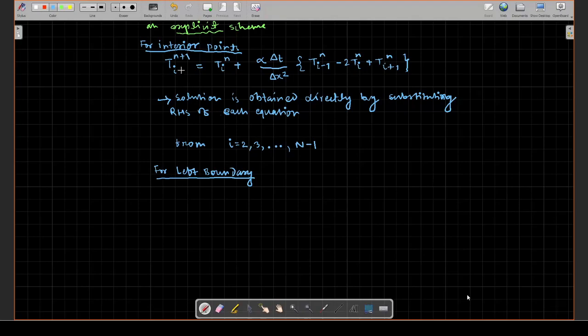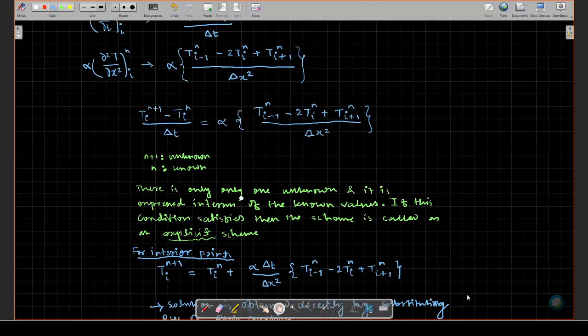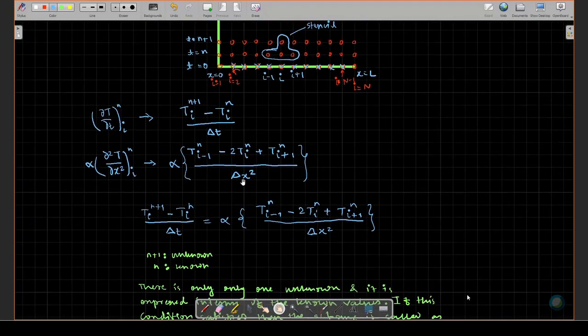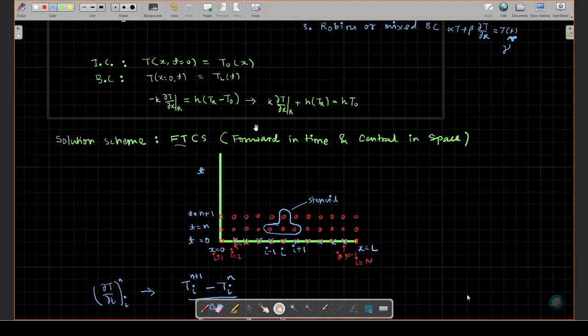So at I equals 1 we have Ti equals 1 is equal to T left as a function of time. Or, I think it is T naught, right? T left was given as T naught. Just a minute, I'll just see once again. Yeah, T naught.